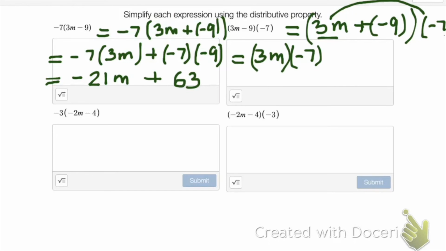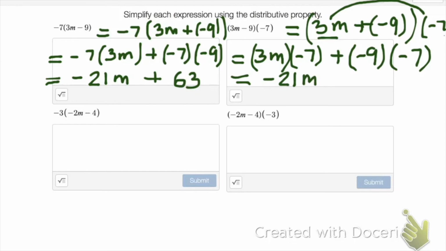Then we drop down the addition, then we take the second term, negative 9, and multiply with negative 7. So 3m times negative 7 equals negative 21m. Negative 9 times negative 7 equals positive 63. So we get the same answer.